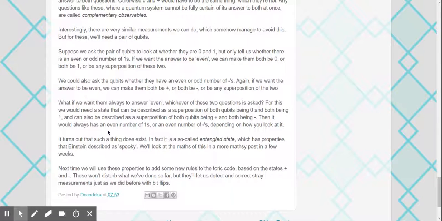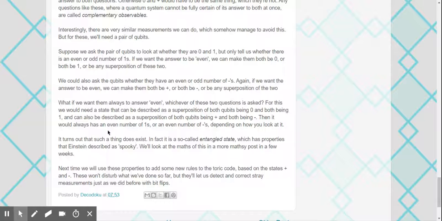We could also ask the qubits whether they have an even number of minuses. Again, if we want the answer to be even, what if we want them to answer even whichever of these questions is asked?